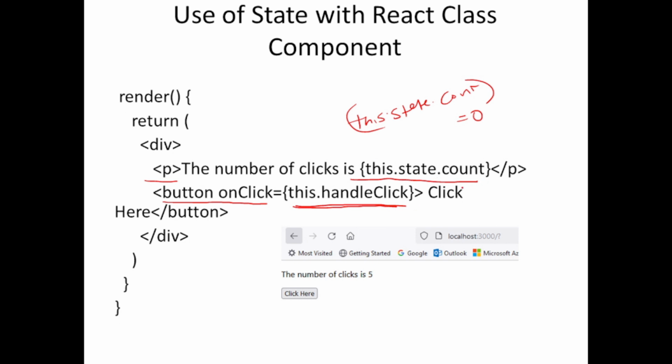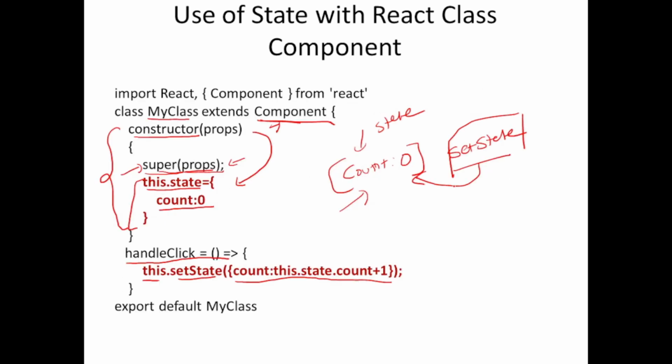There are two things you should understand here. One is a constructor is used wherein we define the state object. You access the state object with this.state is equal to whatever variables you want to maintain. You can give that as count colon 0. So here I have one state variable whose initial state is 0. The second thing is that whenever you want to manipulate a state variable, you have to use the setState method in a class component.